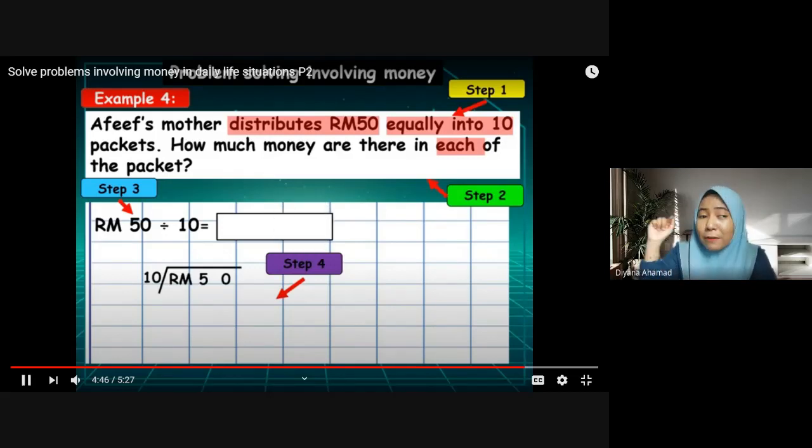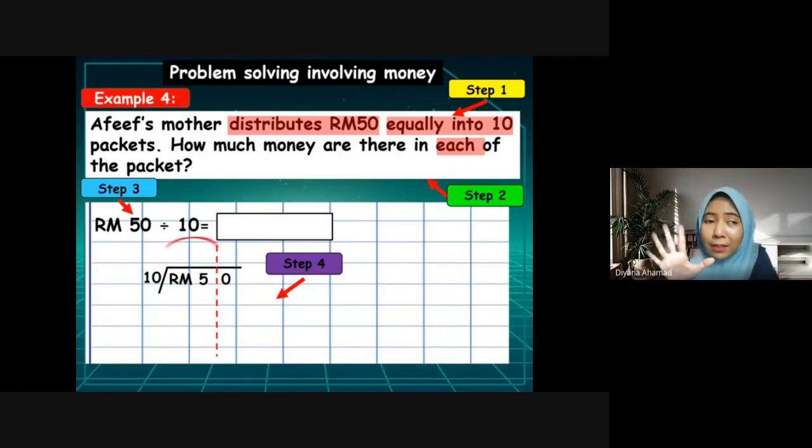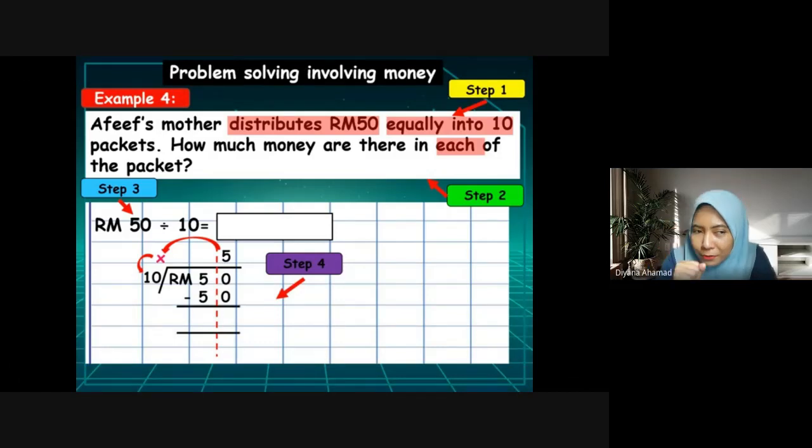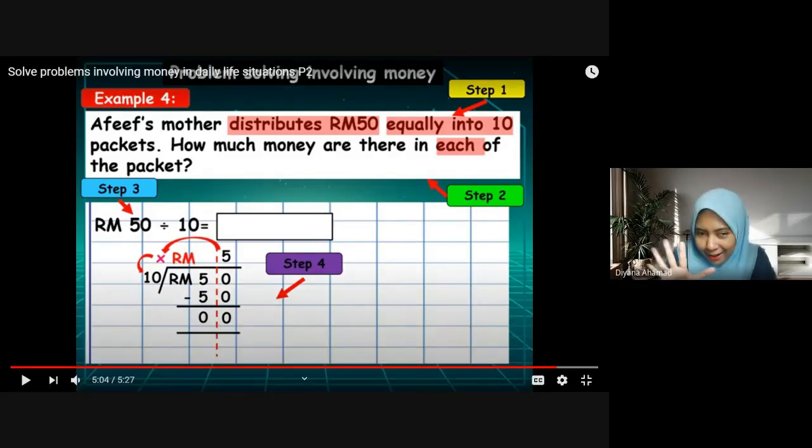So you put 5 on the top. Easy, right? So teacher, 10 times 5 equal to 50. So I minus. So 0 minus 0, 0. 5 minus 5, 0 also. So don't have the remainder, right? So because this is money, the last step, don't forget to put RM.